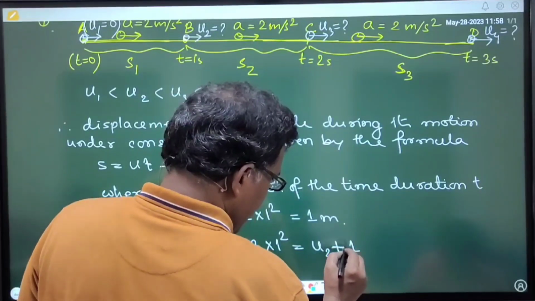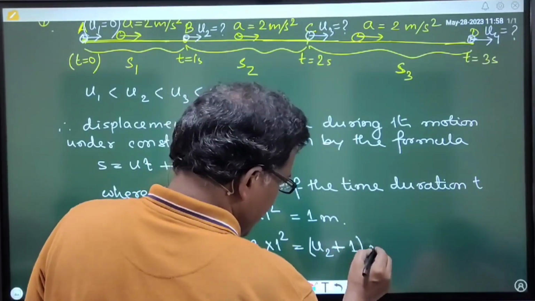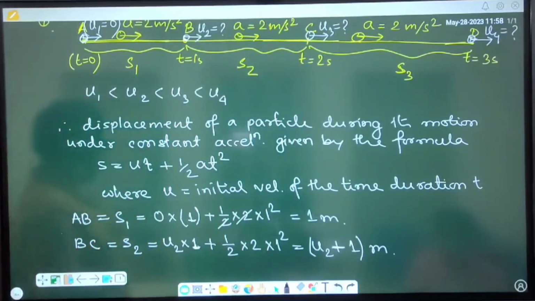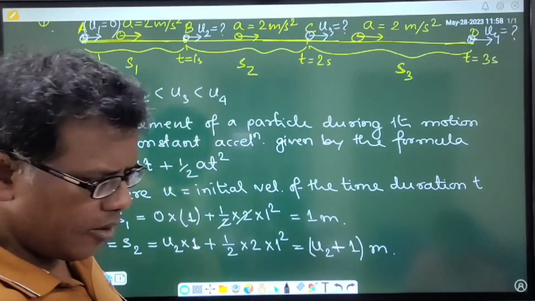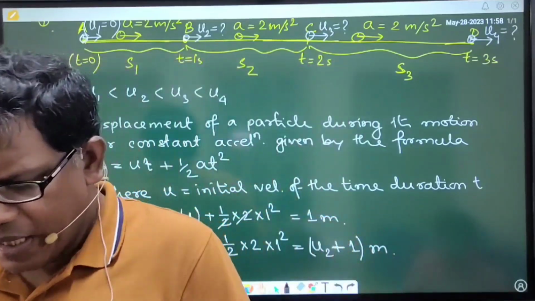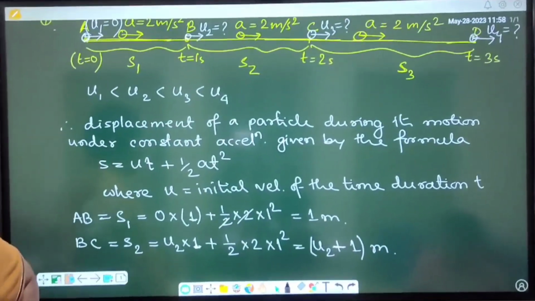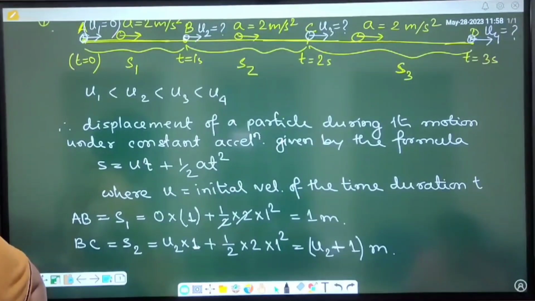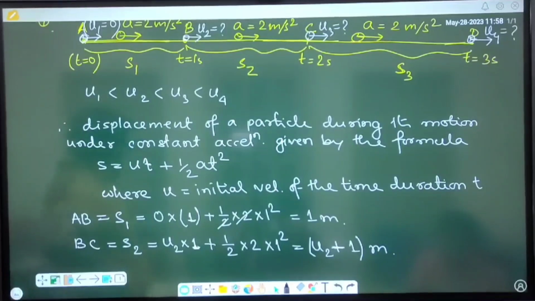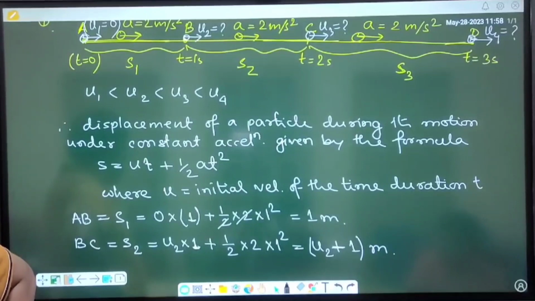So the exact numerical calculation can only be known once I know the value of U2. In the question nothing has been said about U2. But what we can understand from the geometry, as per the concept, relating to U2: U2 is the velocity at B. B is the position after how much time from the starting instant? 1 second. Can we know the velocity at B?